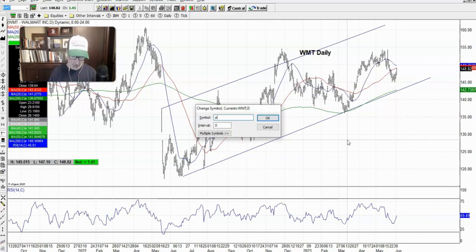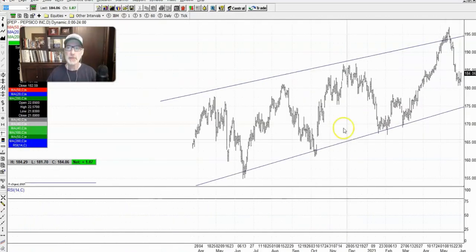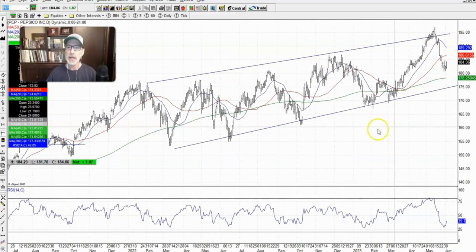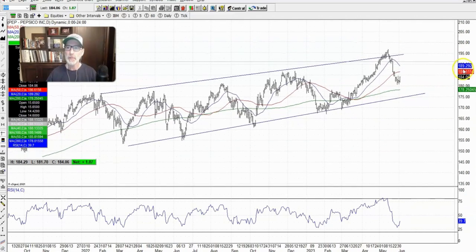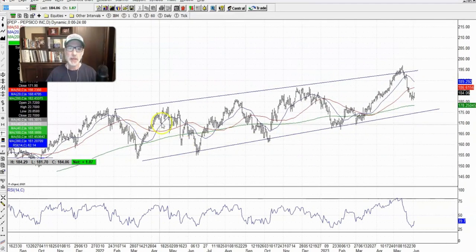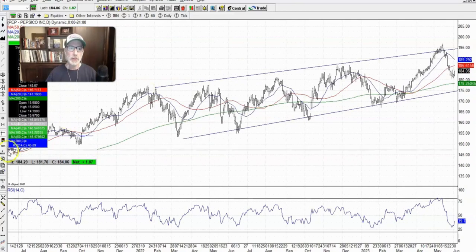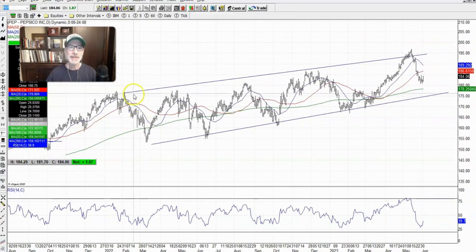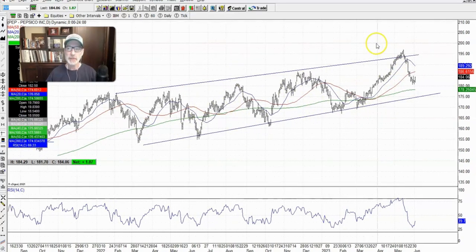Let's take a look at Pepsi. You can see we had the lines drawn from long ago. Pepsi is in a nice uptrending channel. You always want to look bottom left to upper right. That's your sign that a stock has been uptrending. It got overbought, you can see right up here, coinciding with the overbought on the RSI, and it's been knocked back down.